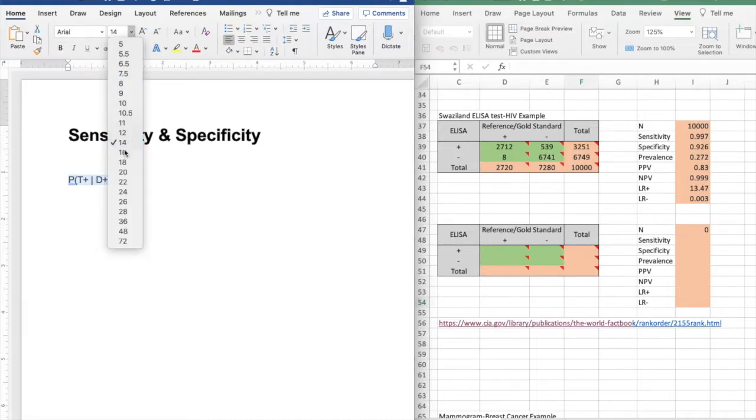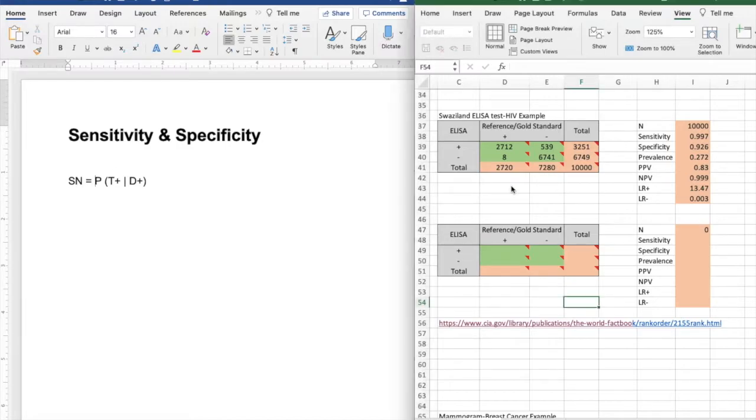Sensitivity is the probability of a positive clinical test, given that they have the disease.